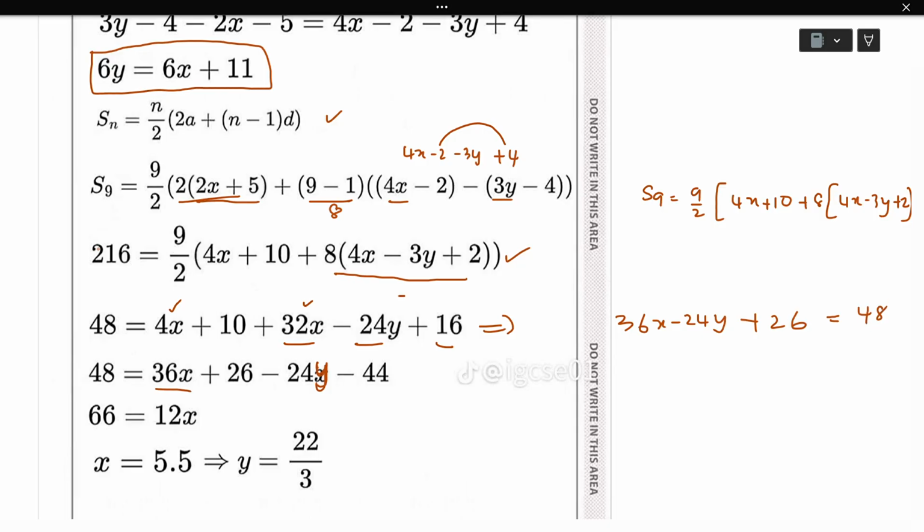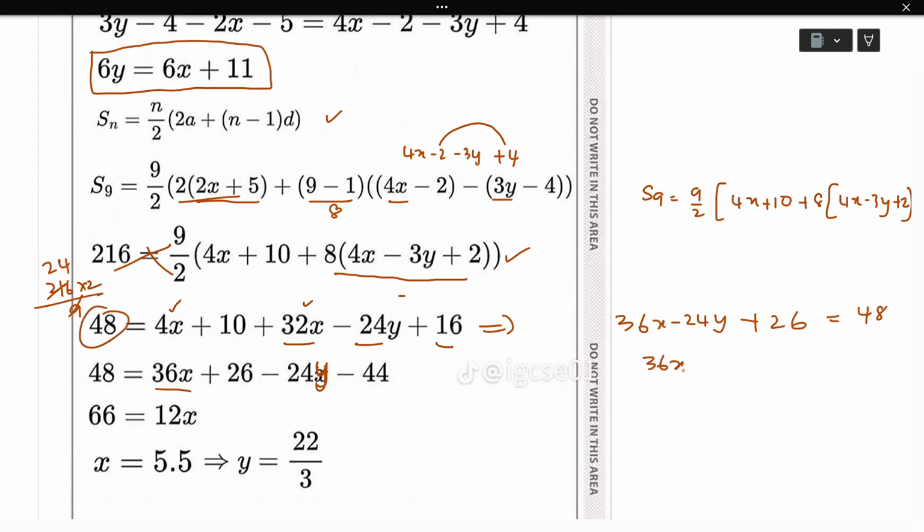You know why 48? We got this 2 here and the 9 went down. So 216 times 2 over 9. So this one becomes 9 2s are 18, then 336. So 24 times 2 is 48 we got.